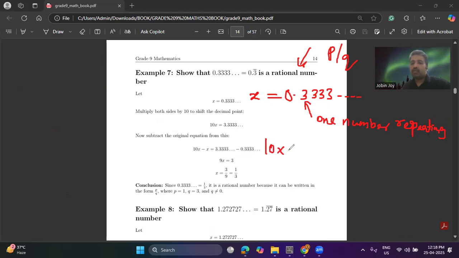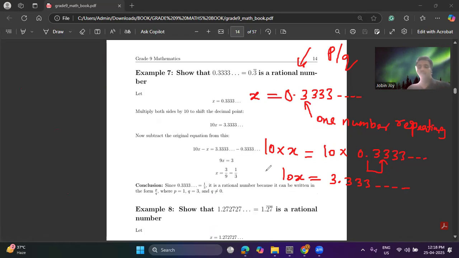So 10 into x equals 10 into 0.3333, etc. What is 10x? Shift the decimal by one place, because I am multiplying by 10. That means 3.333, etc.